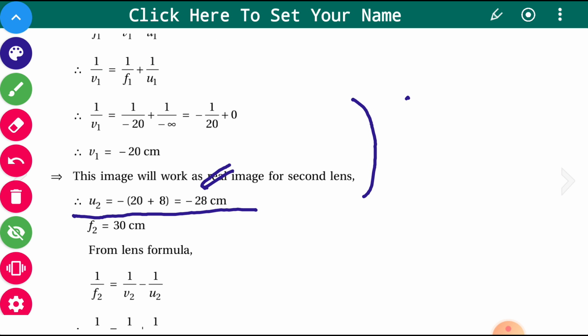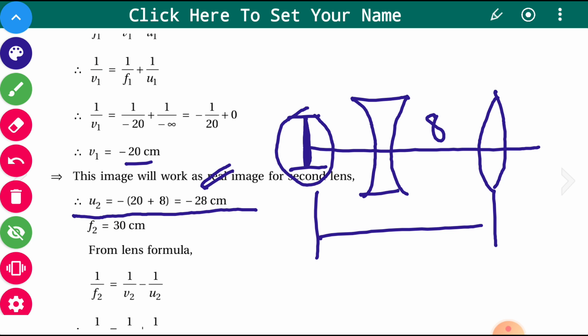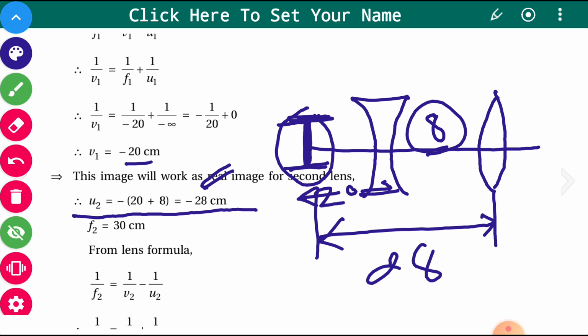First we have the concave lens, and now the convex. The distance between them is 8 centimeter. The image is formed at minus 20 centimeters somewhere here, and this image behaves as an object. So the distance between the convex lens and this object is 20 plus 8, so total 28.